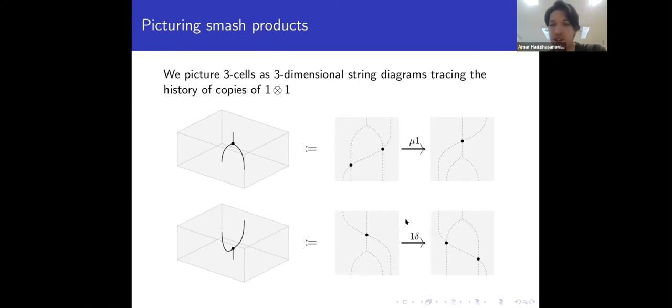So we get this picture in 3D of these 2 dots becoming one dot. If we take one tensor delta, this co-multiplication, again, we have this thing pushed through, but now it's one dot, one intersection that becomes 2. So we get this one dot becoming split into 2 dots.